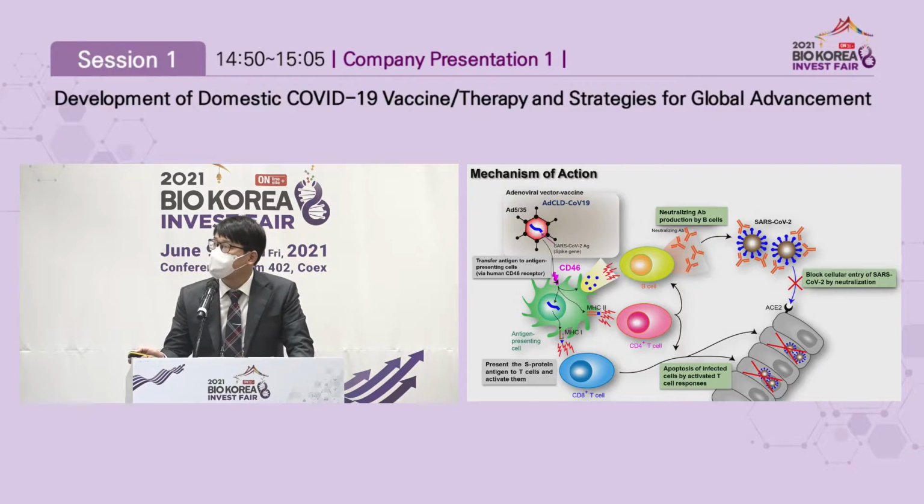I'll move on to the mechanism of action. Like I said, this vaccine uses this type 35. When observed in the human body, it can be adopted to this part. If you adopt this, then within the cell, the vaccine antigen in the vector can create an immune response, and the protein created here will work as a catalyst to prevent the infection and activate the T cell.